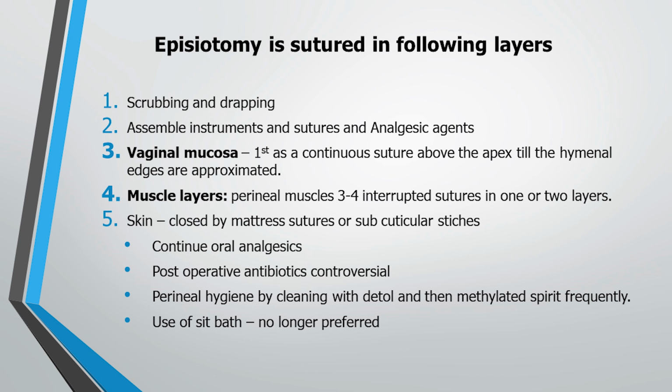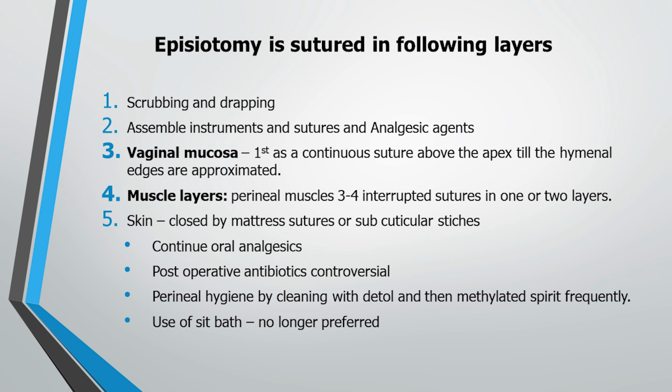the perineal muscles. If you still remember your anatomy, the layers are the skin, the superficial perineal muscle, the deep perineal muscles, then the bulbospongiosus, and then the levator ani muscles, in that order.